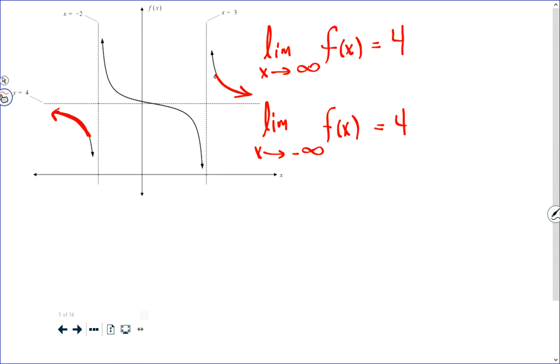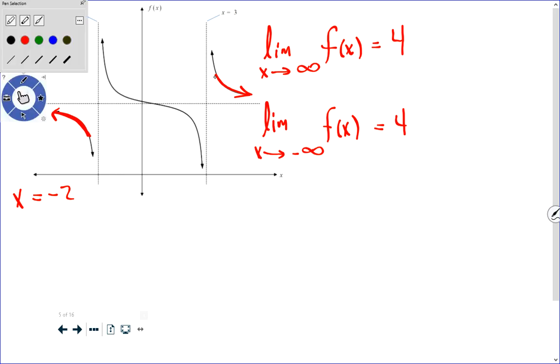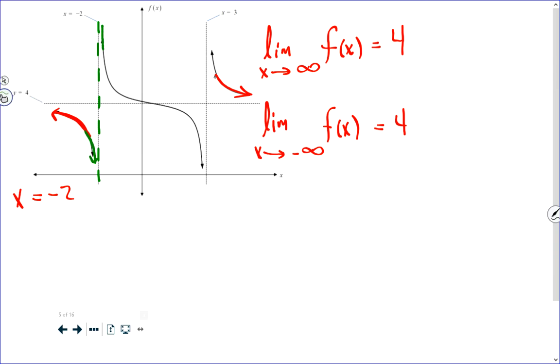Now, let's talk about the vertical asymptote at x equals -2. The reason why that is a vertical asymptote is explained to you in earlier grades by saying that this line, which the graph never touches, is something that the graph will always get closer to, but never reach.